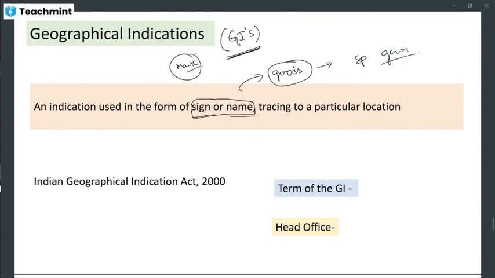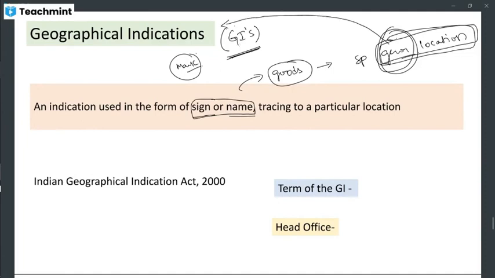This is the primary core of GI, based on where the goods have been manufactured. There will be some speciality to that geography in our country. Whenever goods are derived or produced in such a specific location, we give some indications, and these indications are known as GIs.